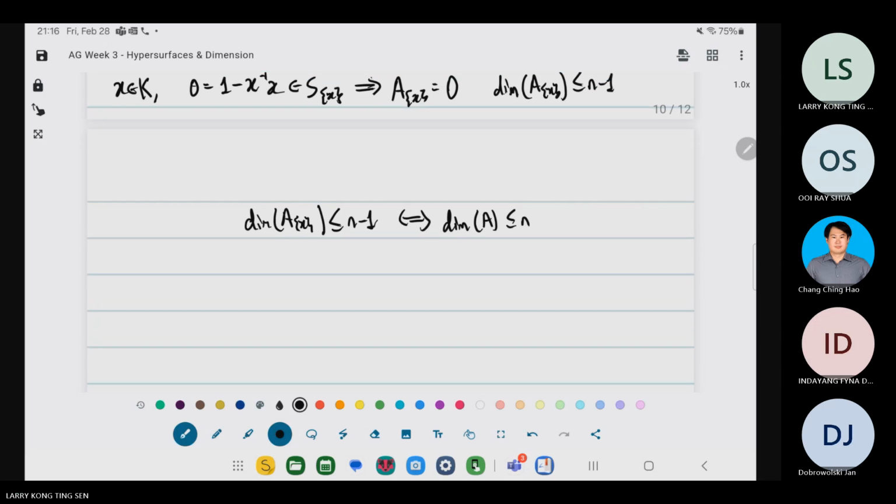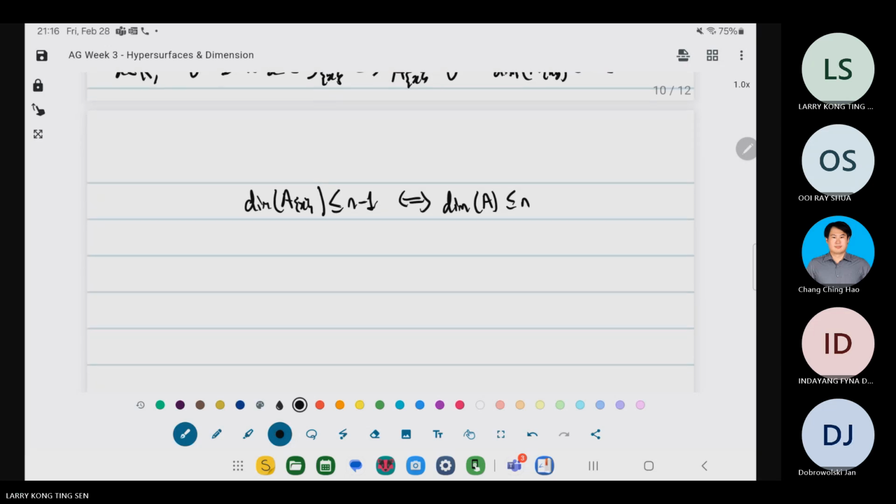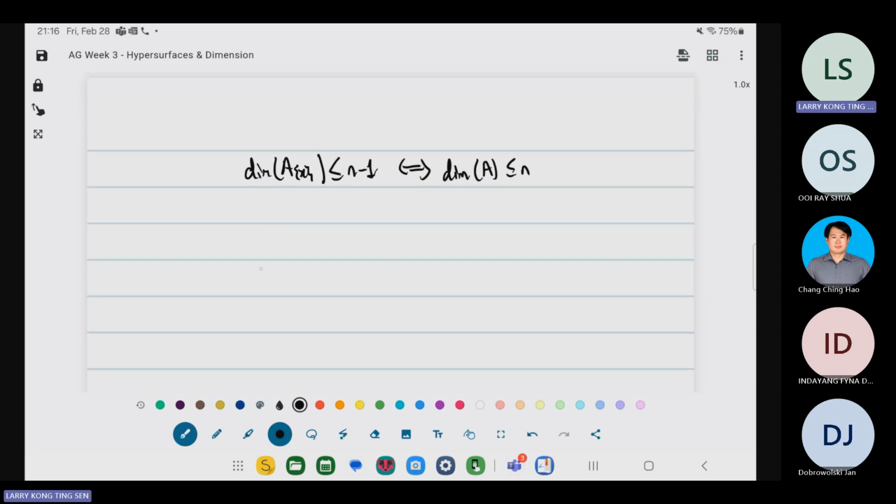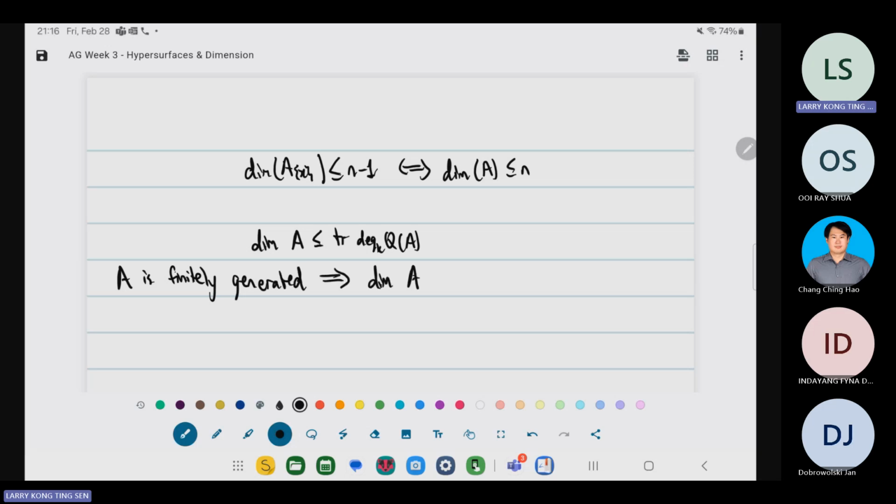All right. In fact, more than that, it turns out that if we further impose that A is finitely generated, then in fact the dimension of A equals the transcendence degree.